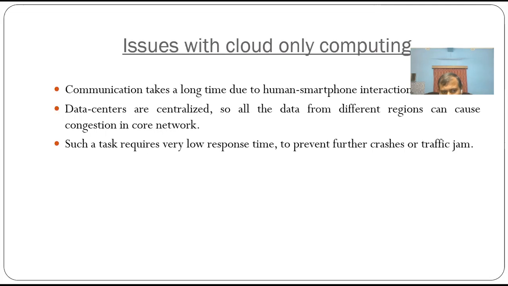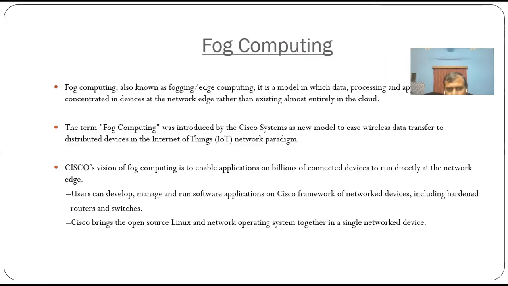And such a task requires very low response time to prevent further crashes or traffic jam. That means if the response time is low, then only the infrastructure can service at an expected level. So these are the issues with cloud-only computing type of architecture.